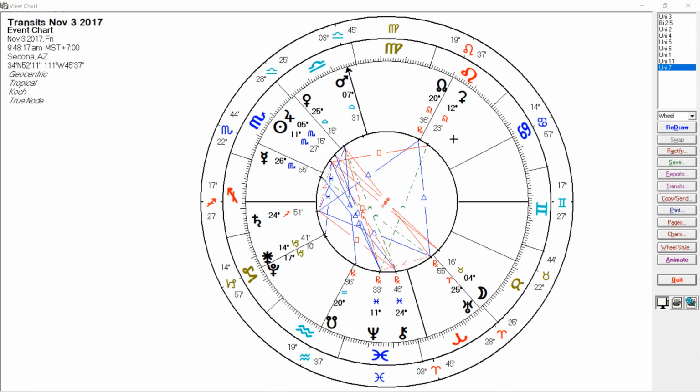So that's our role as counselors: to guide the person to understand the intent and how to synthesize these two energies. So let's do it.